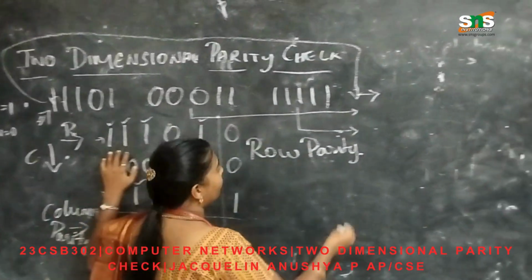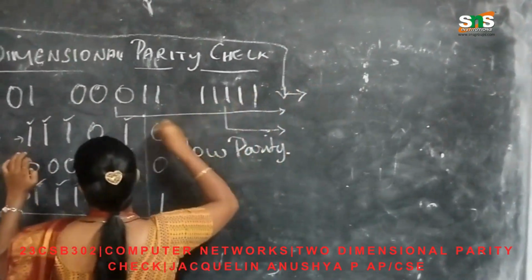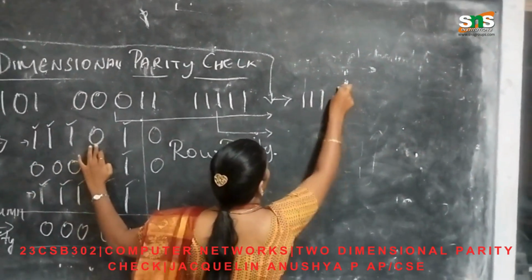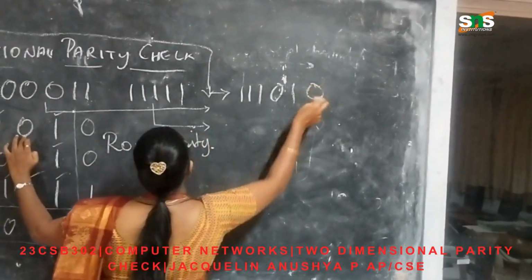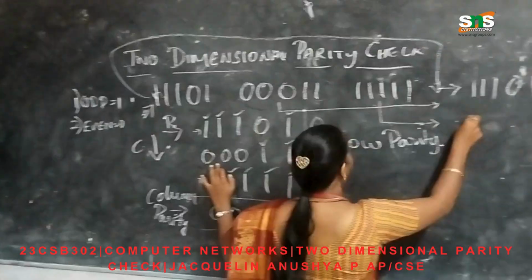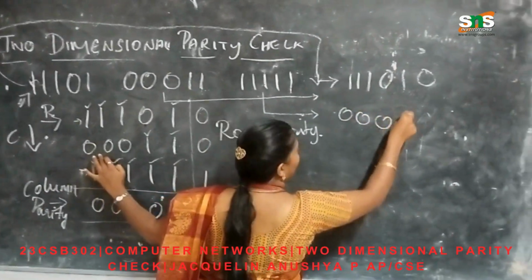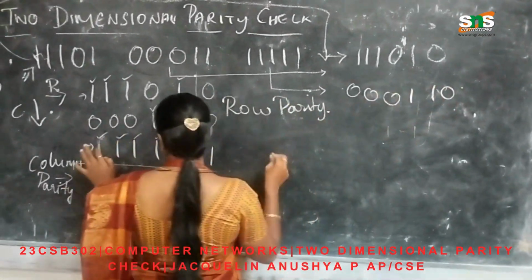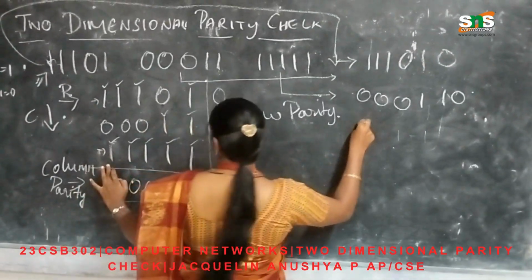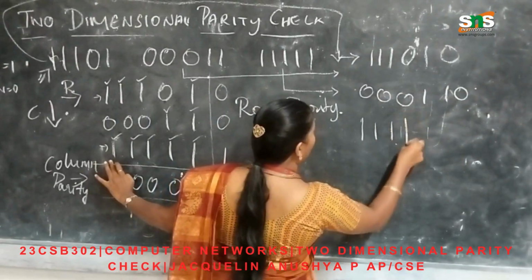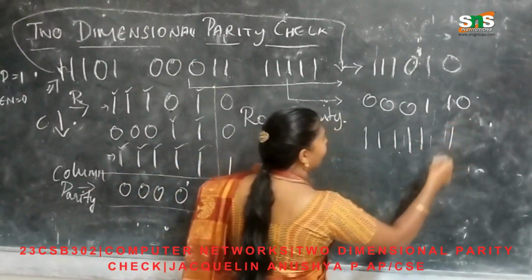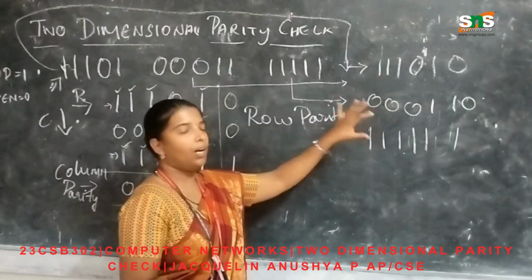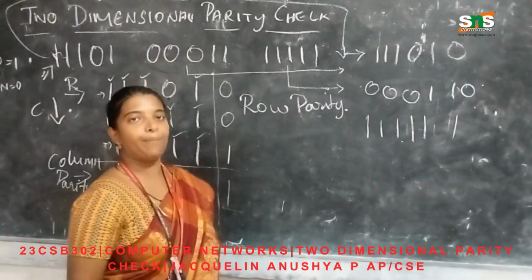The first one will be 1 1 1 0 1 0. Your next number is 0 0 0 1 1 0. And next is 1 1 1 1 1 and 1. So these are the 3 data we derived from your two-dimensional parity check.